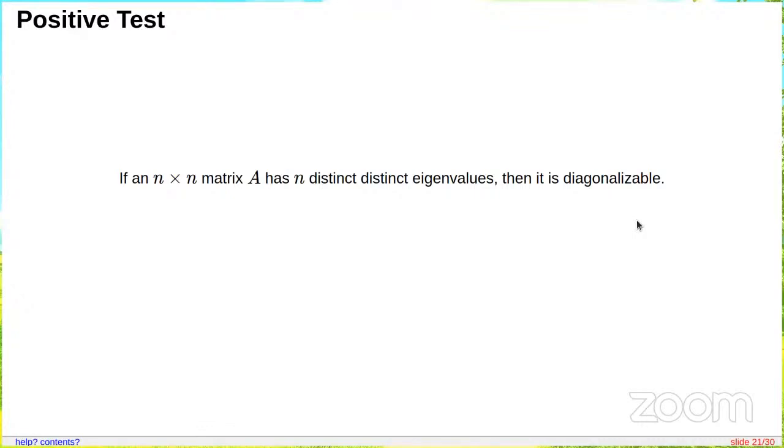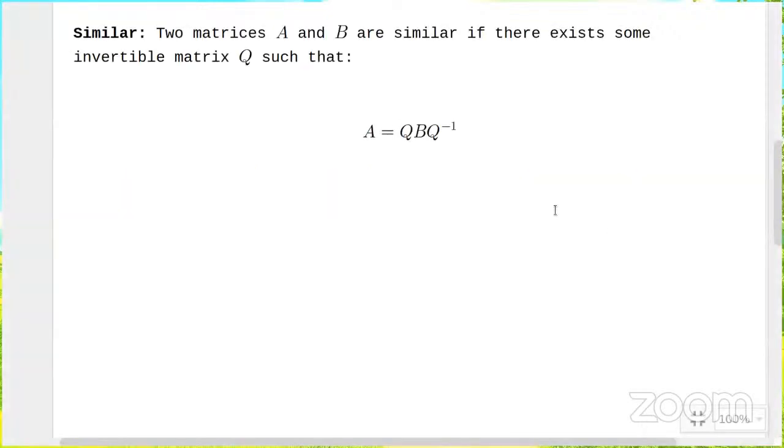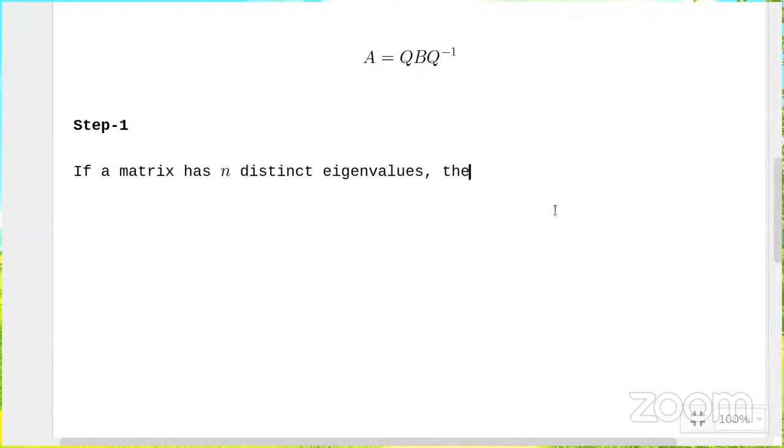Will you just jot it down? Okay. Entire statement. Okay, so see, this is the statement, right? What we just proved was, let's say step 1: if a matrix has n distinct eigenvalues, then the corresponding eigenvectors are linearly independent.